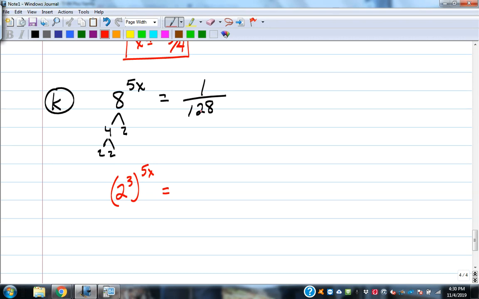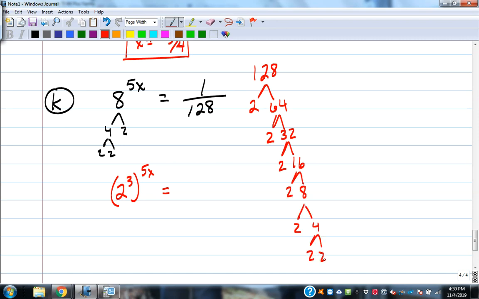Now, what I've got to think about with the 128 is breaking it down. I'm thinking of getting 2 as the base. So I'm going to start breaking it down with 2. That'd be 64. Break 64 down with a 2, that'd be 32. Break 32 down with the 2: 16, 2, 8, 2, 4, 2, 2.